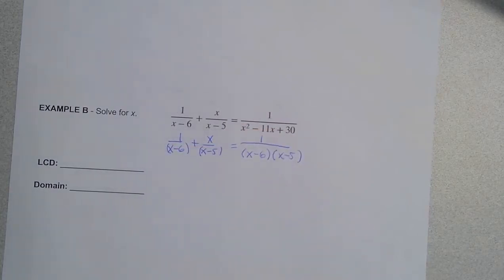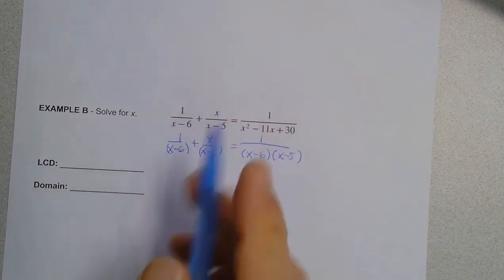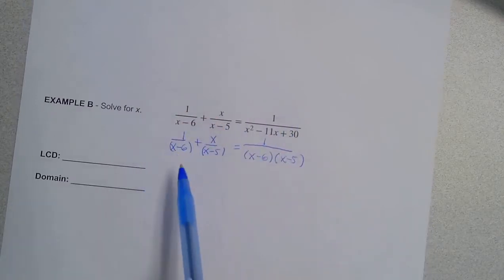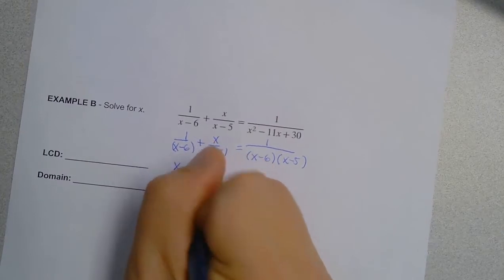So what we're going to do is make all the expressions have a common denominator of x minus 6 times x minus 5. So multiplying the first part, 1 over x minus 6, I'm going to multiply that by x minus 5 in the numerator.